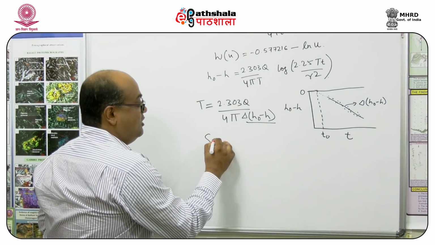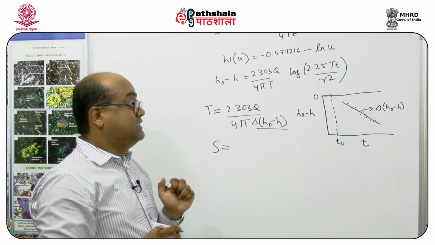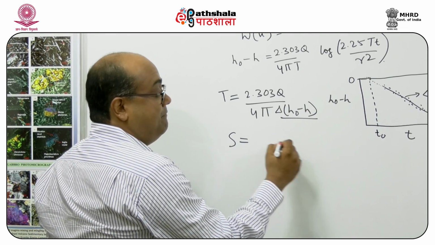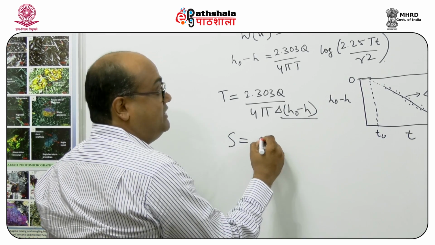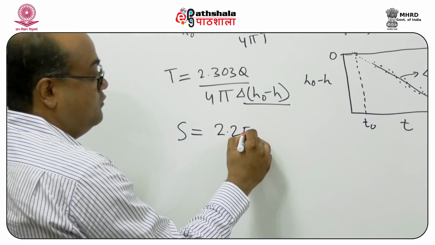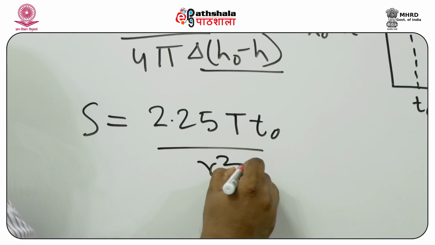And once we have the transmissivity, we can obtain the storativity by using the value of t0. Basically, it is given by 2.25 T t0 divided by r squared.